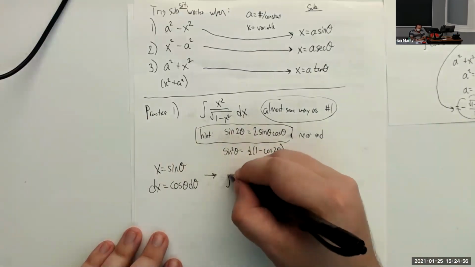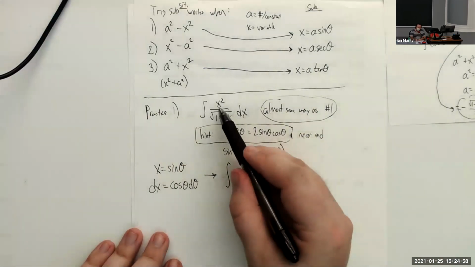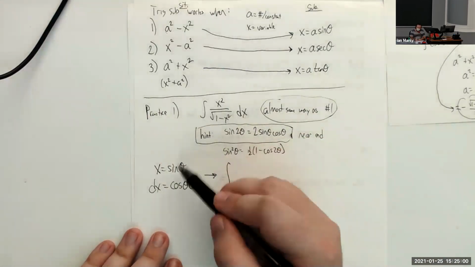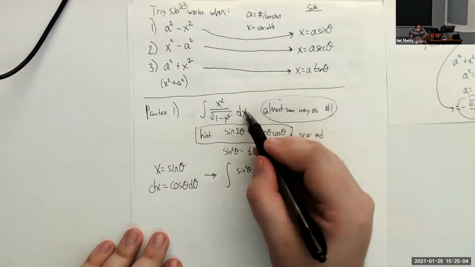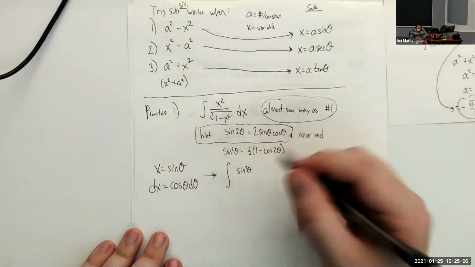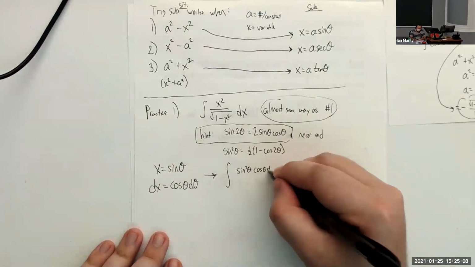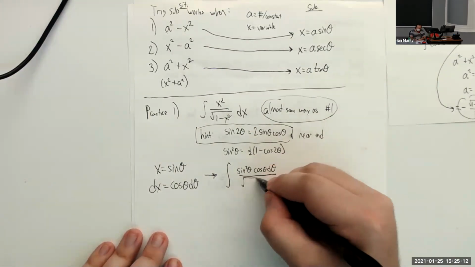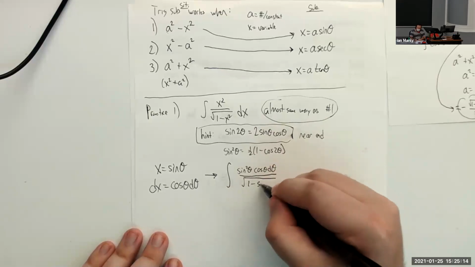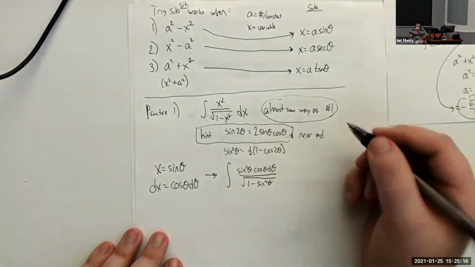All righty, so let's go into our integral here. So we have x squared is sine squared of theta, and dx is going to be cosine of theta d theta. Meanwhile, on the bottom, we have the square root of 1 minus sine squared of theta.